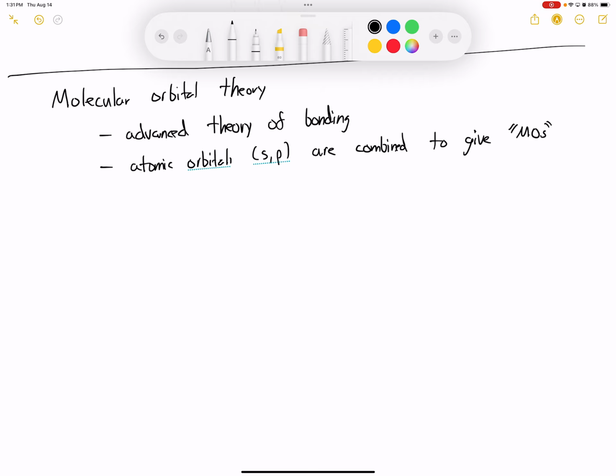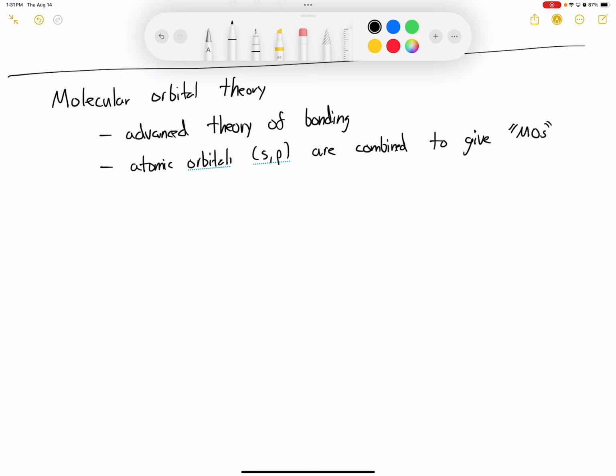I remember when we learned about hybrid orbitals, Dr. Dykes probably had a bag of s and p orbitals. She told you to mix them, and she gave you two new ones. Kind of the same idea for molecular orbitals. Instead of hybrid orbitals, you're forming orbitals that occupy the whole space around the molecule.